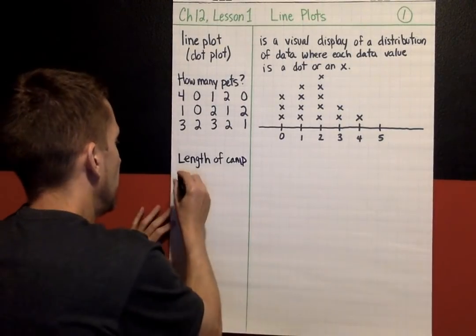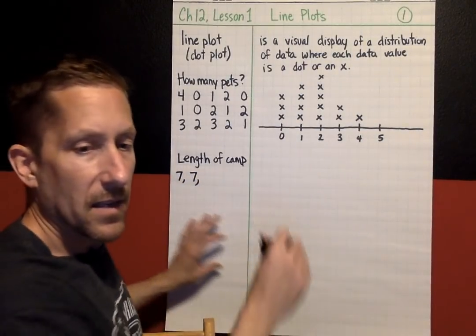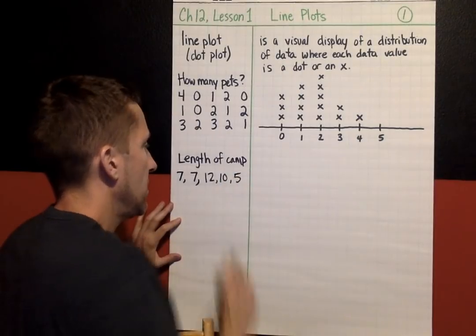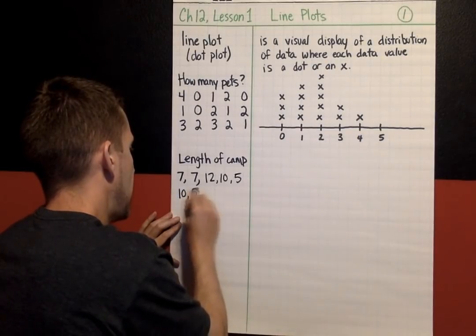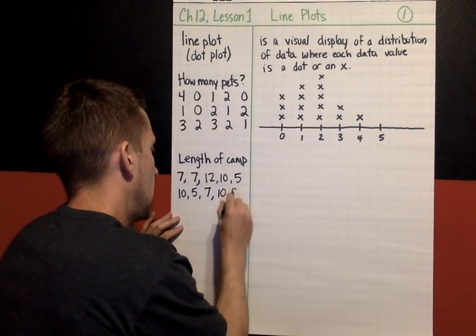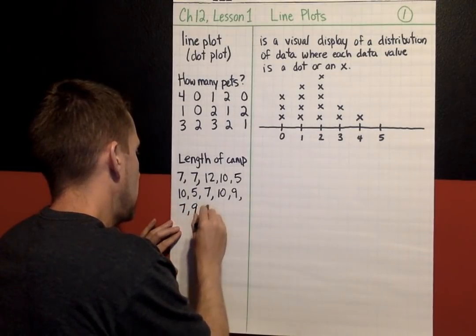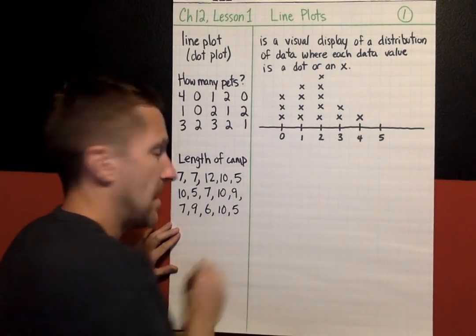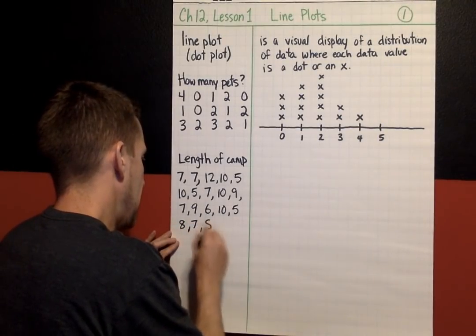Okay, so first kid said 7, next kid said 7, so those are week-long camps. The next kid said 12, 10, 5, another 10, a 5, a 7, a 10, a 9, 7, 9, 6, 10, 5, 8, 7, and 8.